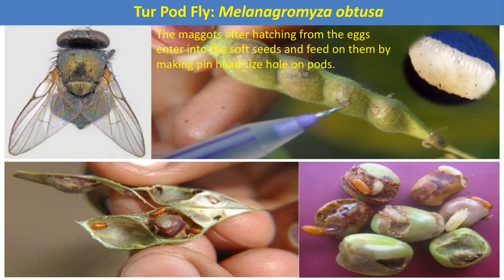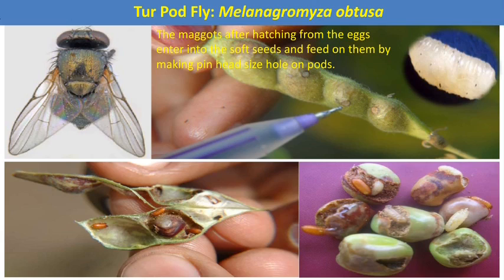Then the next pest is the tur pod fly. This is a dipteran pest and the species is Melanagromyza obtusa. The damaging stage is the maggot. The maggots, after hatching from the eggs, enter into the soft seeds and feed on them by making a pinhead size hole on the pods.